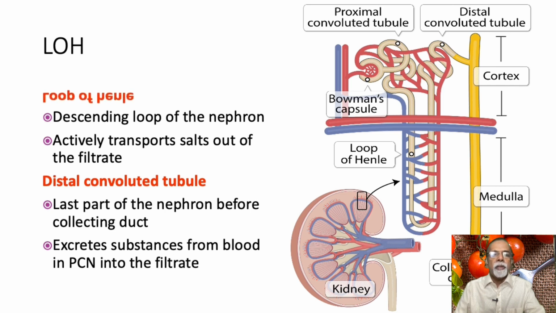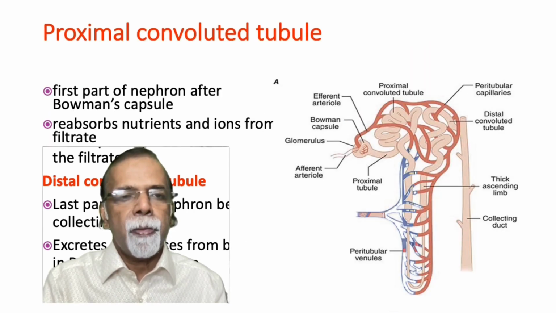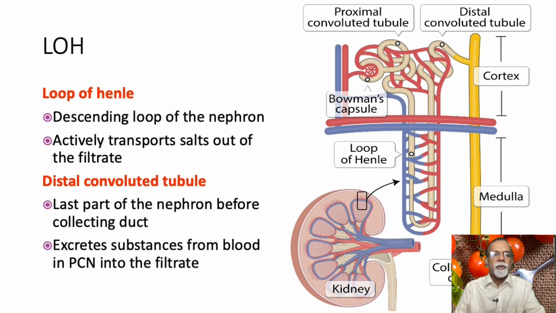Part of the nephron loops into the medulla, and that is the loop. It actively transports salts out of the filtrate. It has a thin descending limb, a thin ascending limb, and a thick ascending limb. The last part is the distal convoluted tubule, which ends in the collecting duct, and it has an excretory function, especially acid.